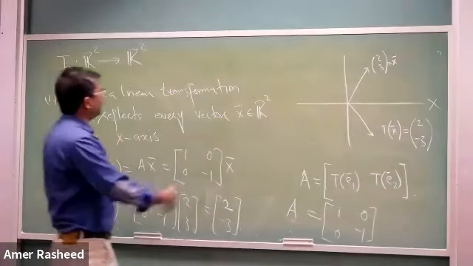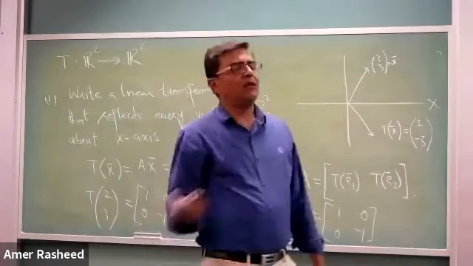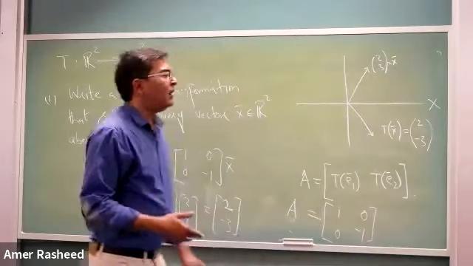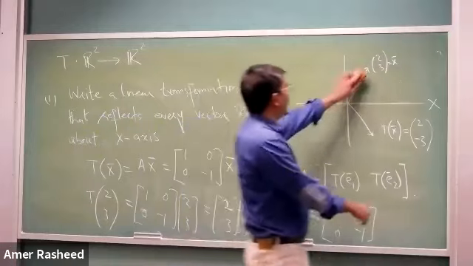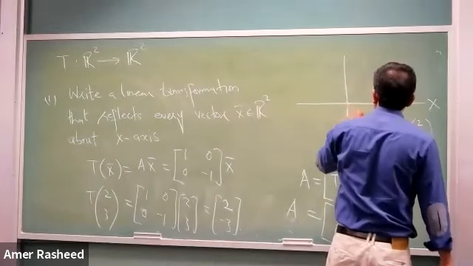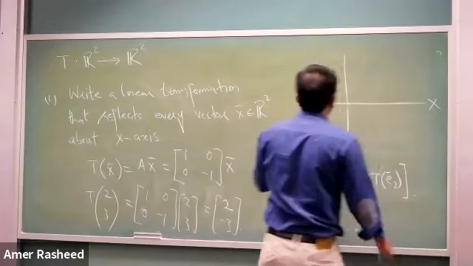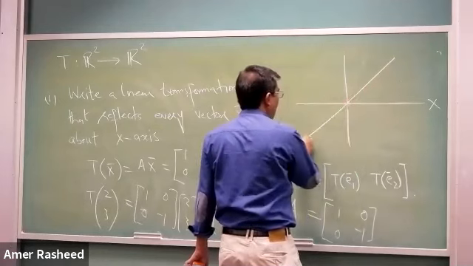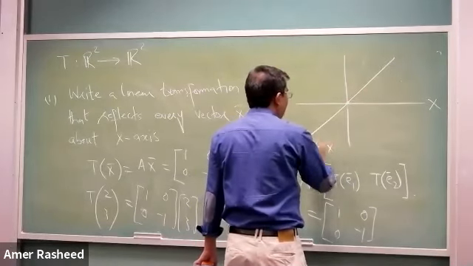Similarly, you can write a linear transformation which reflects a point in R2 about the y-axis. Let me write a linear transformation which reflects any point about the line y is equal to x. This is your line y is equal to x.